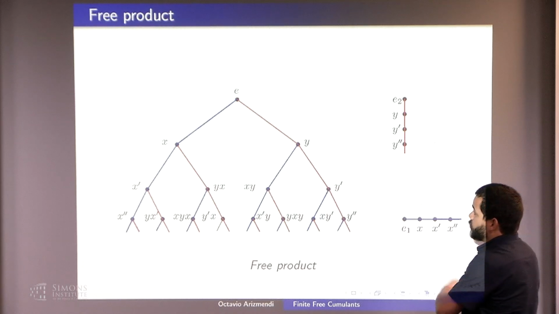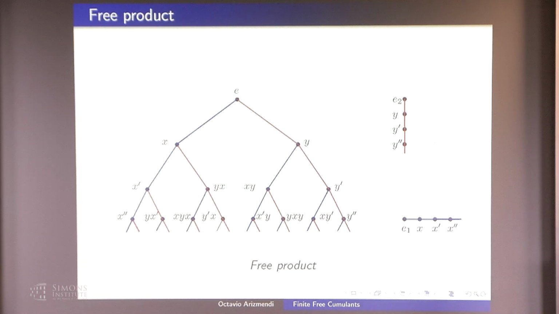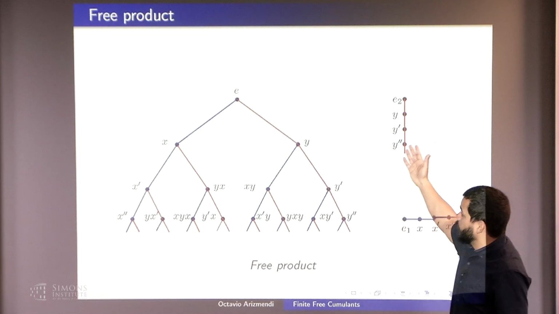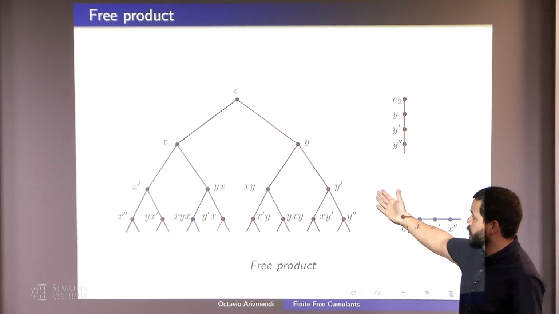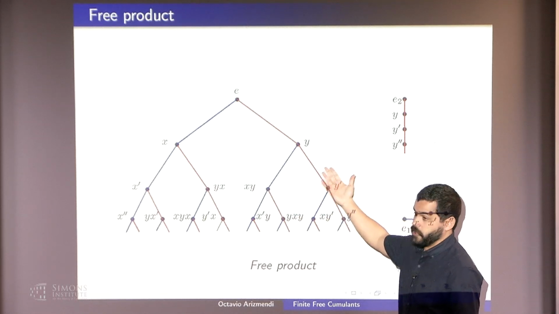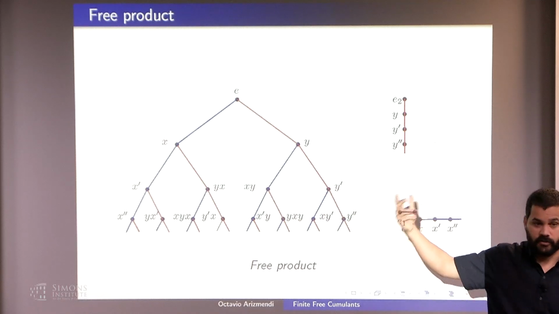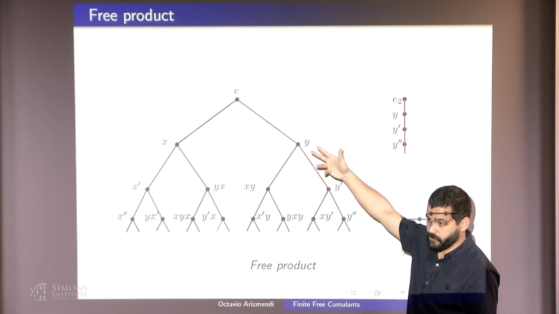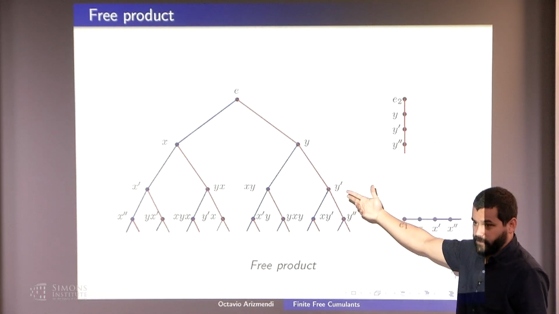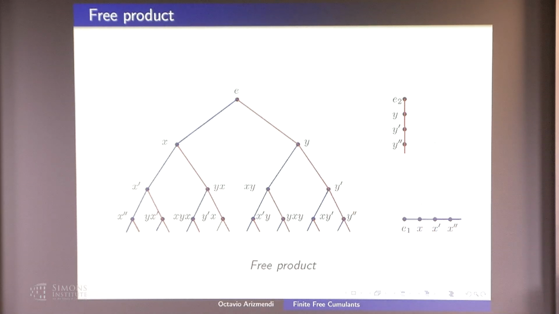And here I wanted to emphasize that if I consider these copies of my graph embedded in the free product, actually these are in free relation. Meaning it's not only that the distribution is the free convolution, but actually that as operators with respect to the vacuum vector, they are free, or freely independent.